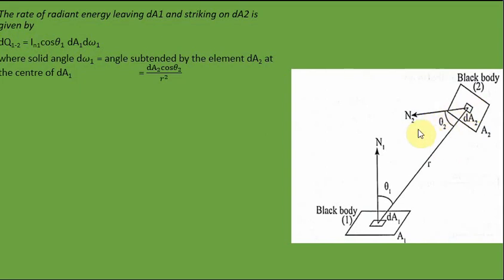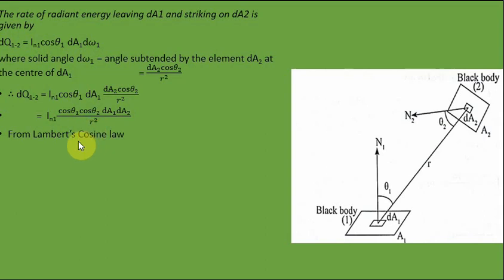This is the area onto which we are going to project, and this is the related solid angle. Now dq is equal to, substituting all the values, we get this relation, with some rearranging.